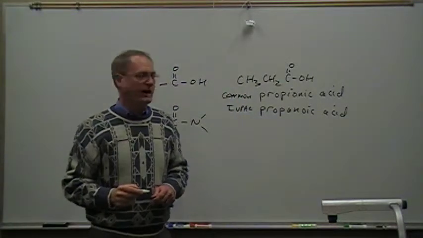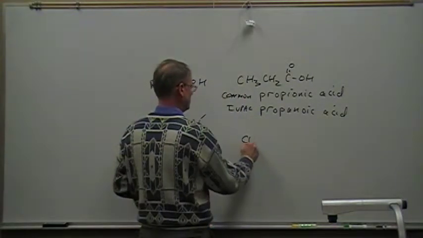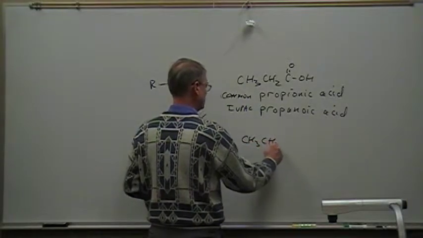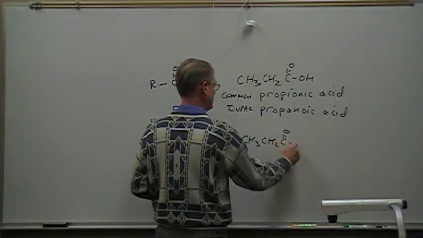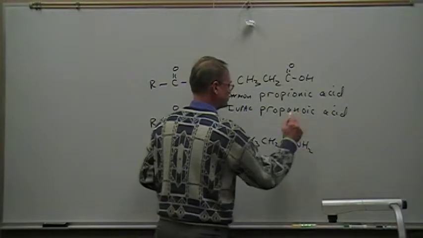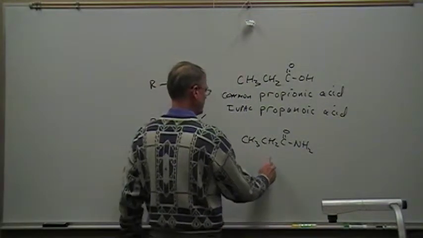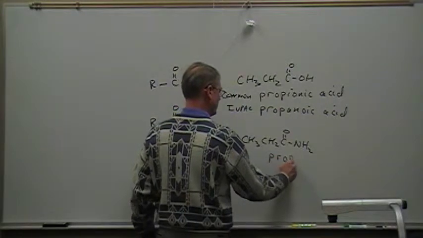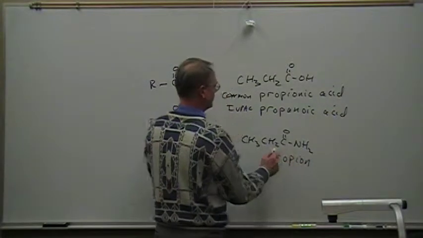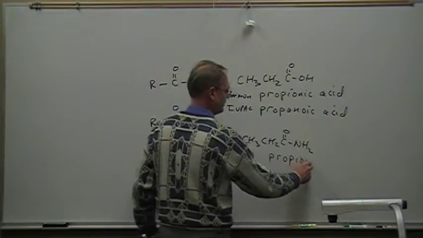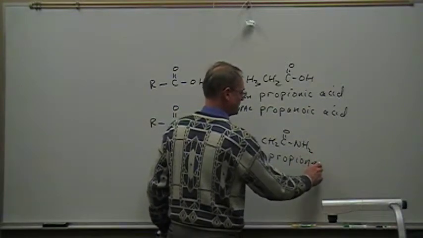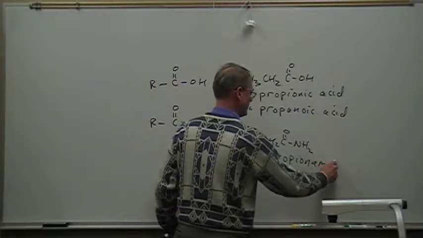Again, to change it to an amide, assuming for the moment that the nitrogen has 2 hydrogens on it, this would be propion, and then without leaving a space or a dash, just amide.